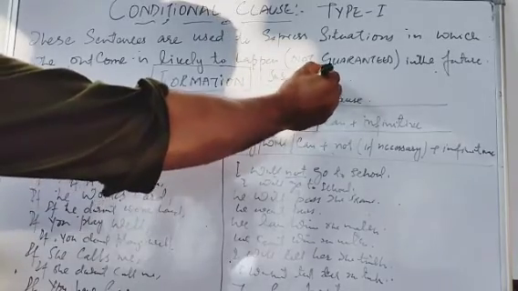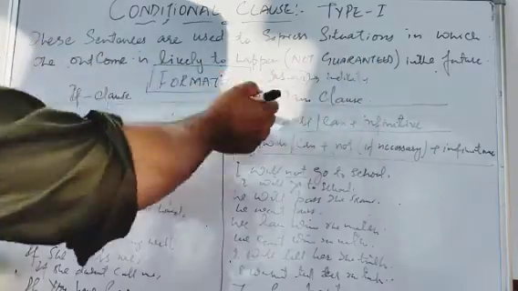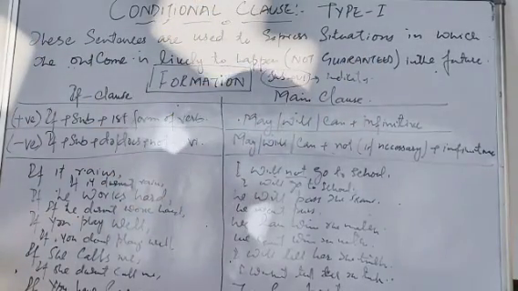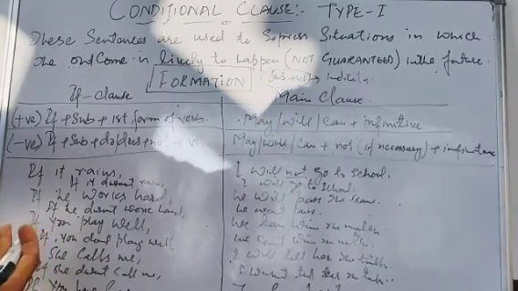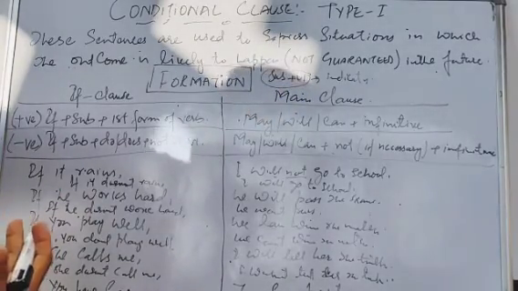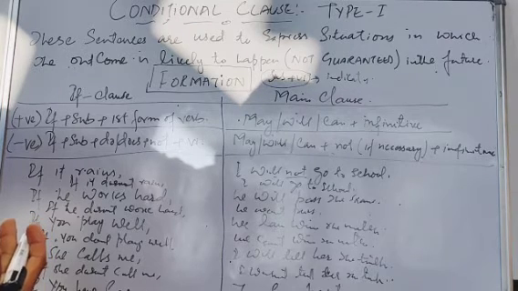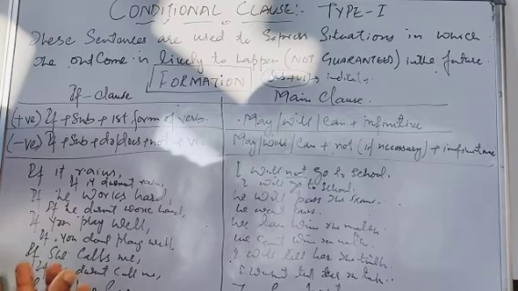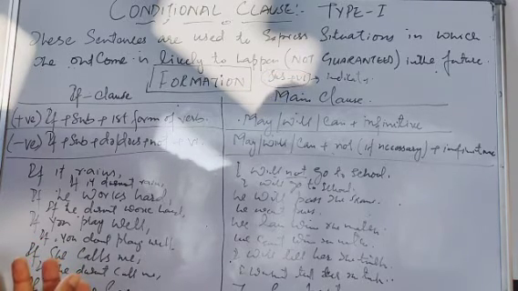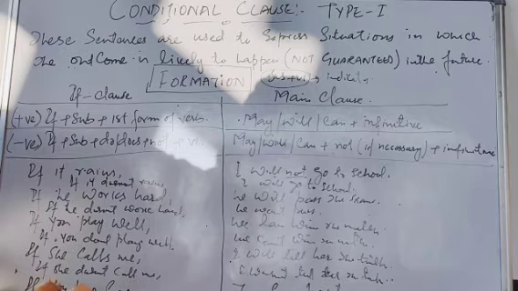This indicates that the action hasn't taken place yet. If the action hasn't taken place yet, that means there is a chance of it happening. The assumption that we make in the if clause may come true or may not. That's why we say these are conditional clauses. This is type first of it.